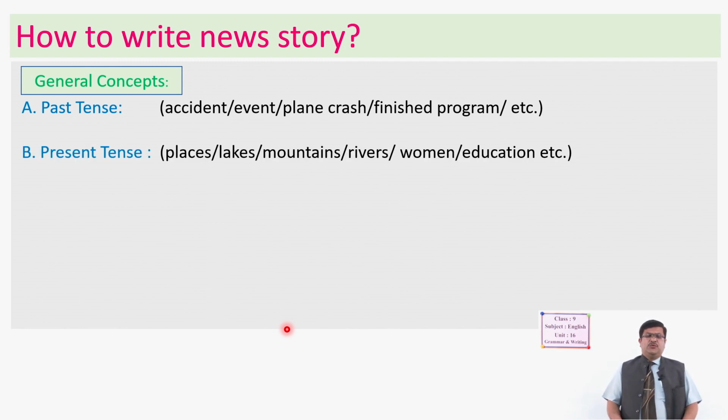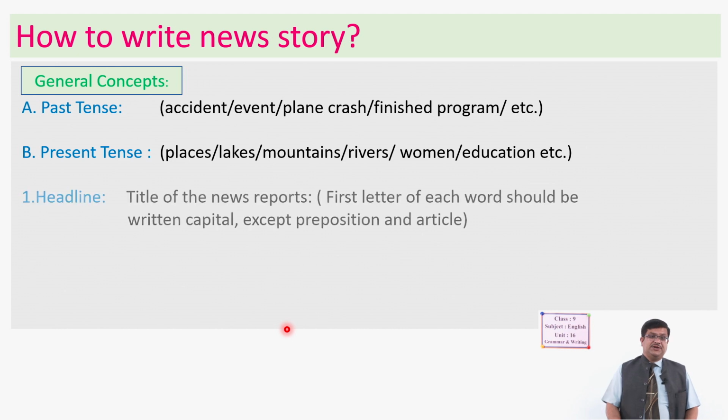But we develop a news story in present tense when the event is related to places, lakes, mountains, rivers, women, education. So generally we use the present tense form of the verb in the news story.